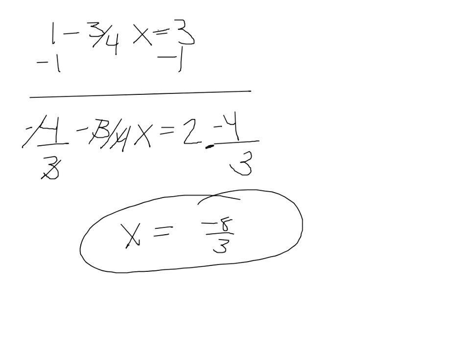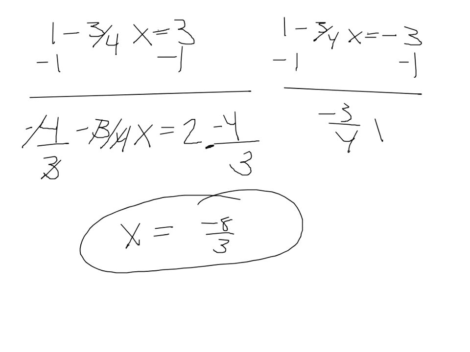Alright. Oh, but I'm not done, am I? I also have to do it for minus 3. So subtract 1 from both sides. And then multiply both sides by minus 4/3.